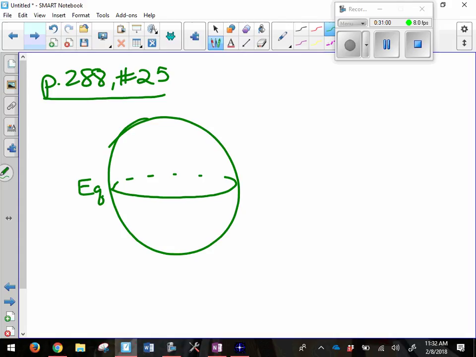Here's my equator. Earth rotates around an axis that goes from the geographic North Pole to the geographic South Pole. Remember that magnetic north and south is not necessarily aligned with geographic north and south.